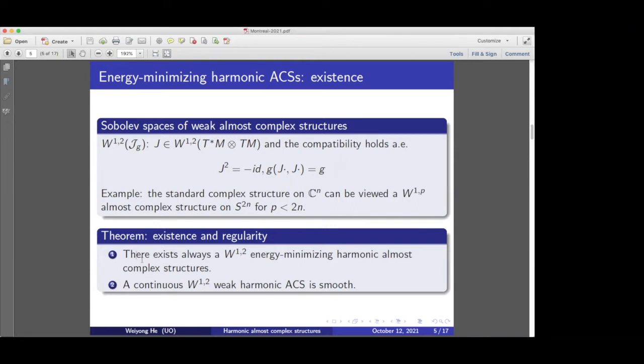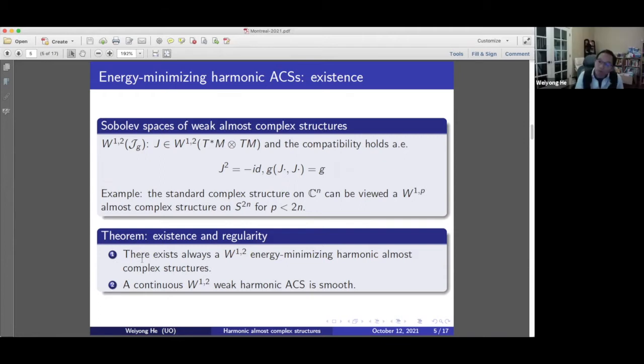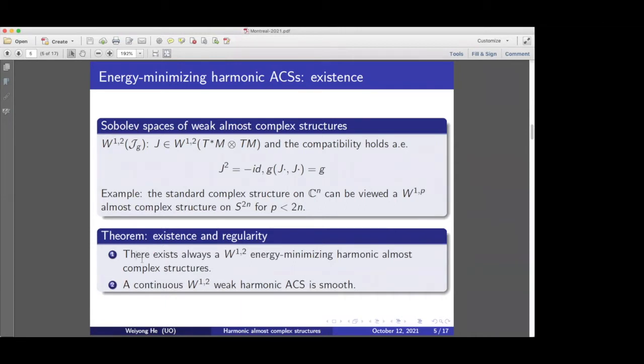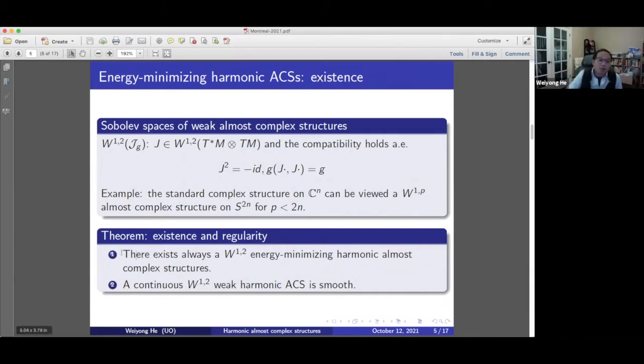I see. When we talk about the biharmonic ones, there will be the standard bubbling phenomena. I see. So the comparable result in harmonic theory is trivial because the energy minimizer is just a constant map, with zero energy. But in our setting, it should be interesting.